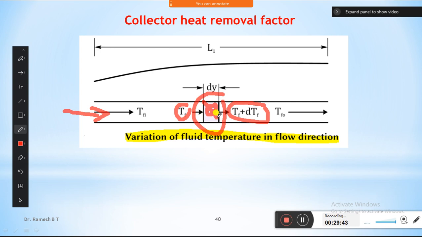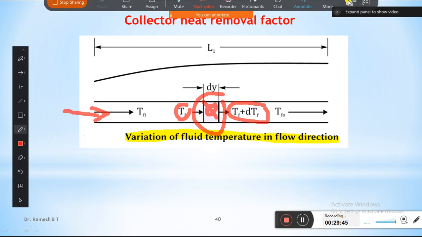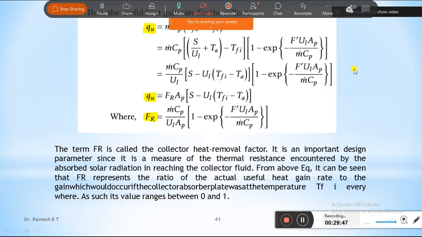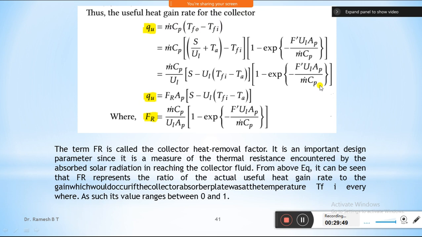Clear? And it can be written as an equation here. This is the equation we can consider.